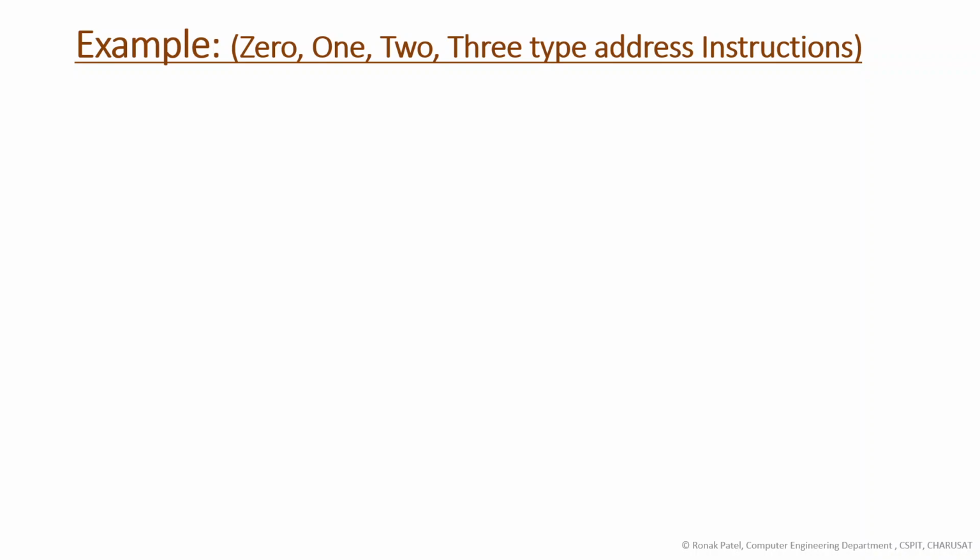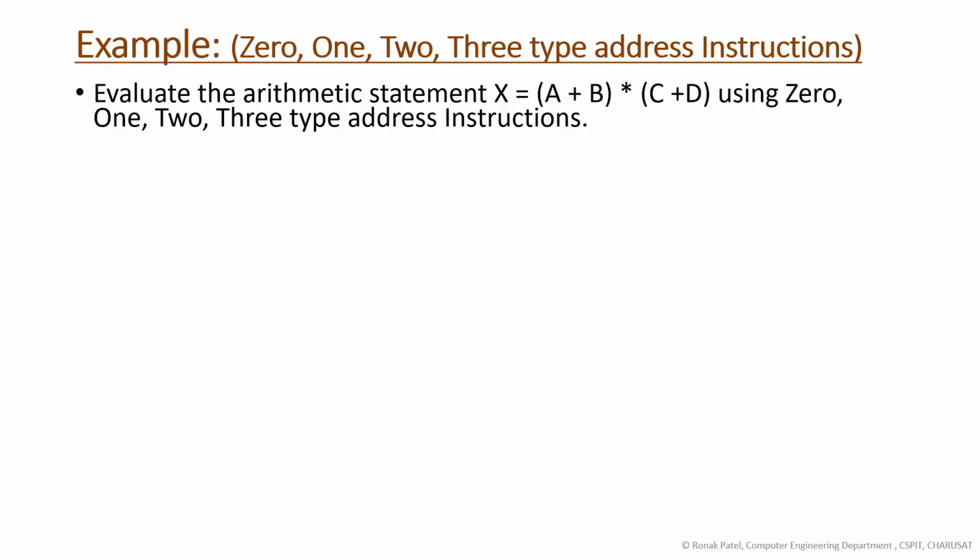So let's evaluate the arithmetic statement X = A + B * C + D using 0, 1, 2, and 3 address instructions. The operations required are addition, then sub, which we don't require right now, and then multiplication.